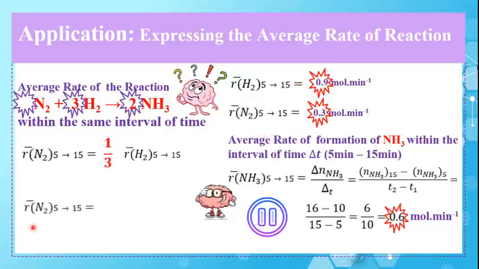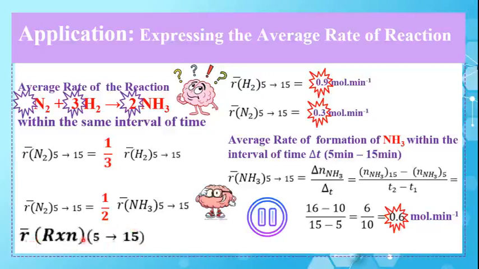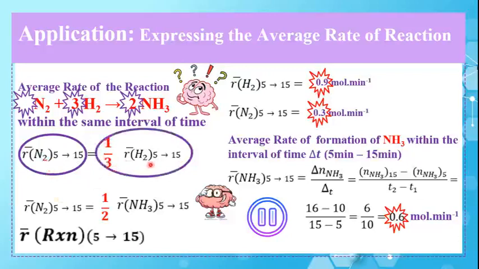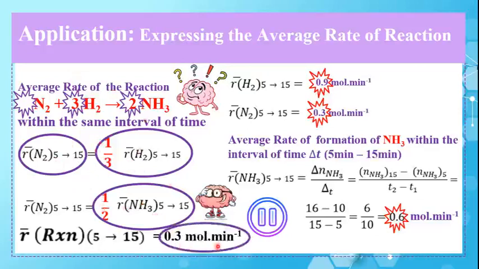Also, the average rate of N2 in the same interval of time is equal to 1 over 2 the average rate of formation of NH3 within the same interval of time. So the average rate of the reaction in this interval of time will be equal to either the average rate of disappearance of N2, or 1 over 3 the average rate of disappearance of H2, or 1 over 2 the average rate of formation of NH3, which are equal to 0.3 mol minute minus 1.